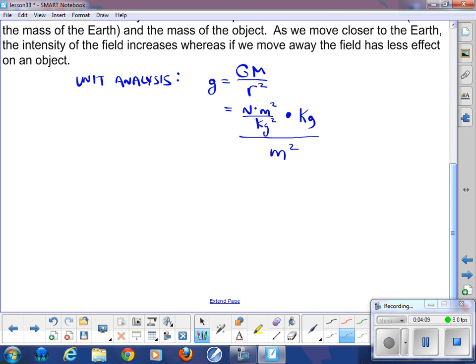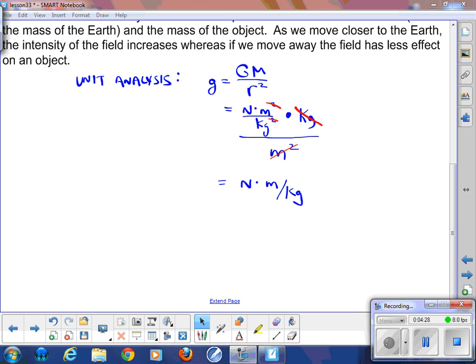So this kilogram will reduce that to an exponent of 1, and meters squared will cancel out. Sorry, the meters obviously canceled out incompletely; I should have put a cross through that. We end up with newtons per kilogram, which is our gravitational field intensity.